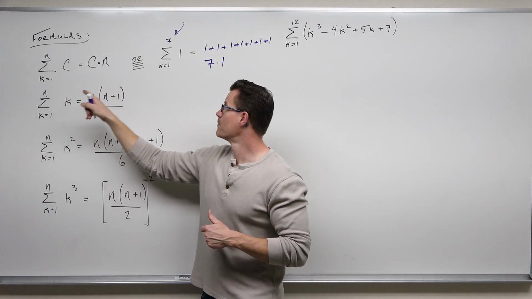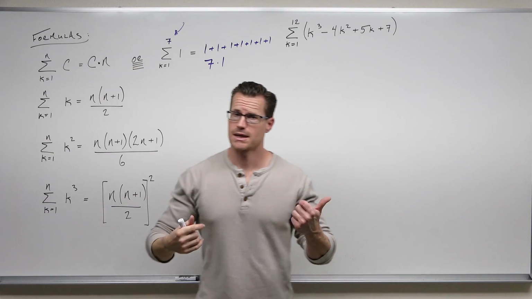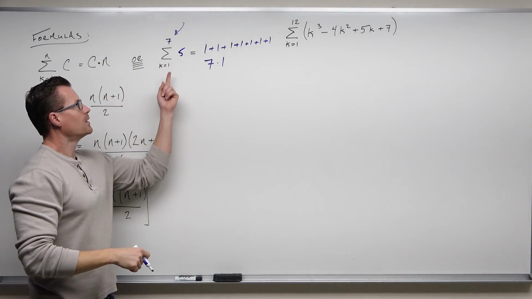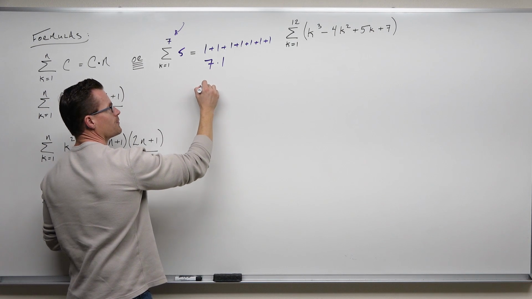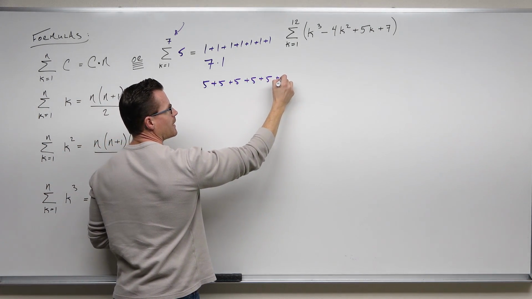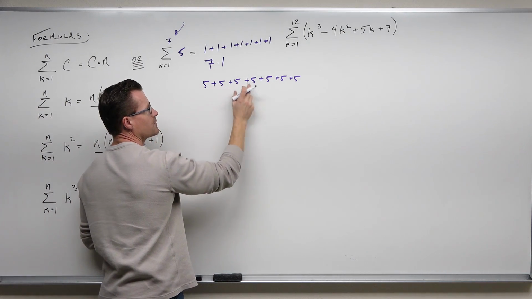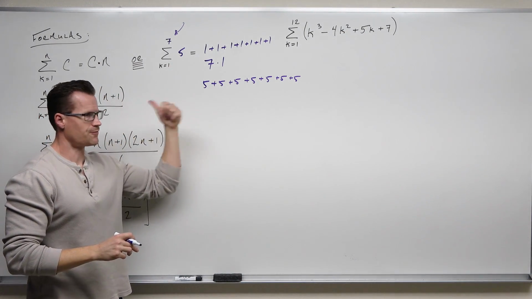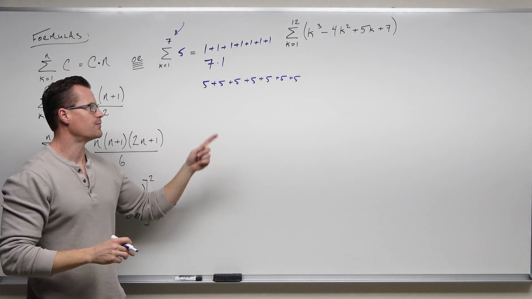What would that be then? Well, if I went from 1 to 7 of, let's say, 5 now, these wouldn't be 1s anymore. You'd have 5, 5, 5, 5, 5, 5, and 5. 1, 2, 3, 4, 5, 6, 7. The first term would give you a 5. Second term, 5. Third term, 5. It's a constant. Seventh term, 5.